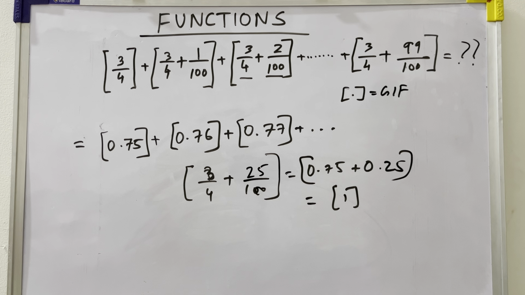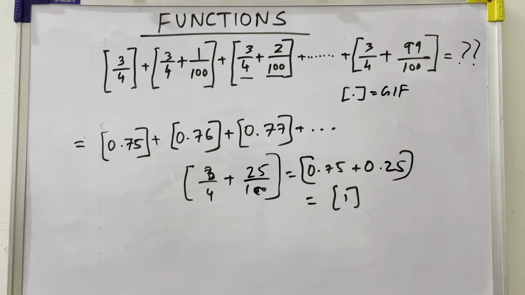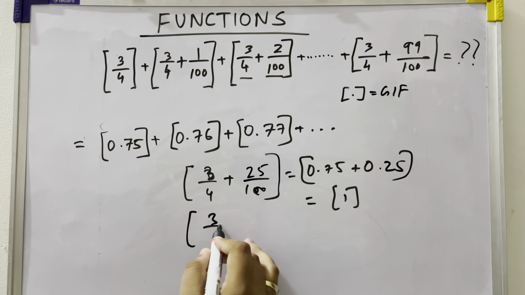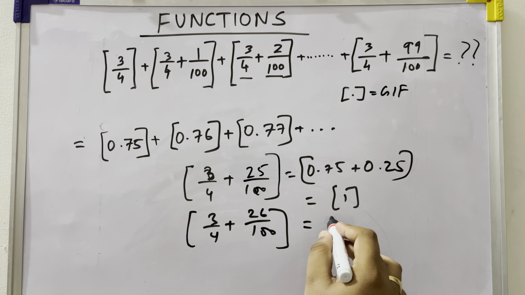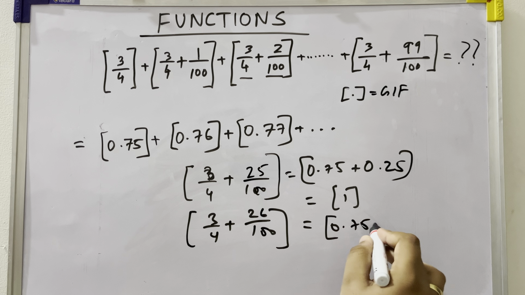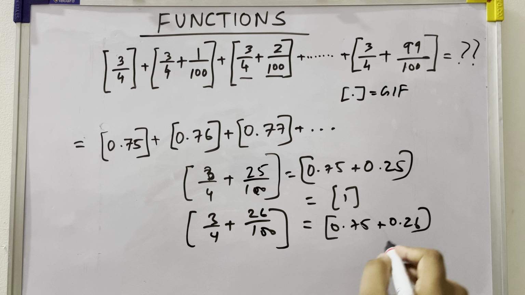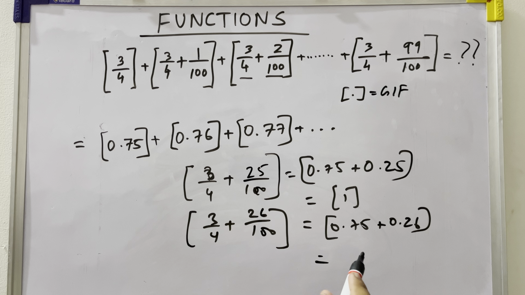Am I correct? And then the next term will be 3/4 plus 26/100, which is 0.75 plus 0.26. The value will be 1.01.